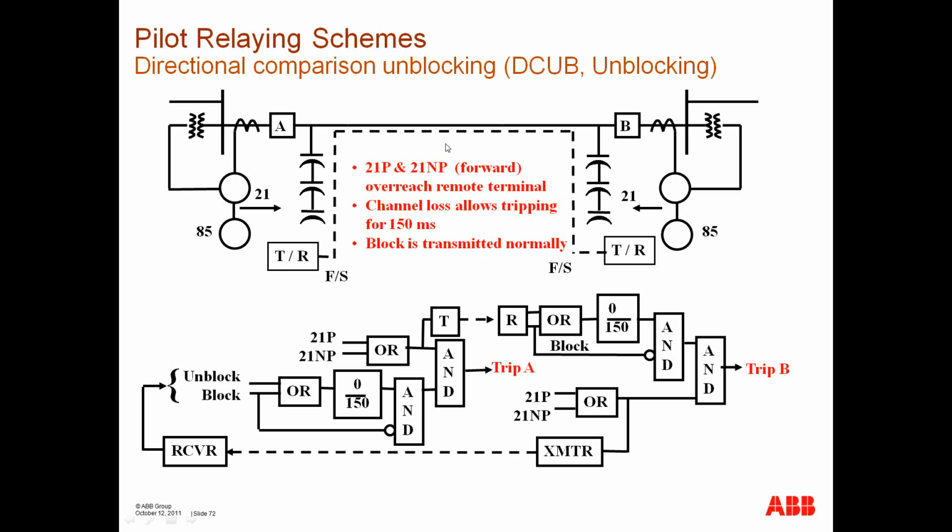If you should happen to have a fault, okay, and your forward elements operate, your 21 phase and ground element should operate, then there is a 150 millisecond window in which it's allowed to trip if it does not receive a trip or a guard signal. So both ends should always be receiving a trip or guard signal. So when they lose the channel, no trip or guard, they've got 150 milliseconds to trip after a fault is sensed.